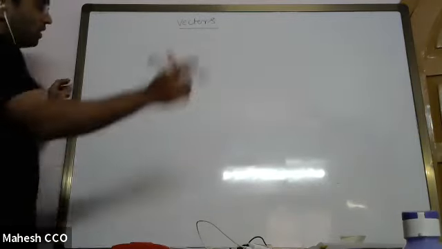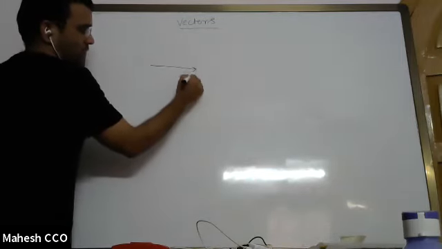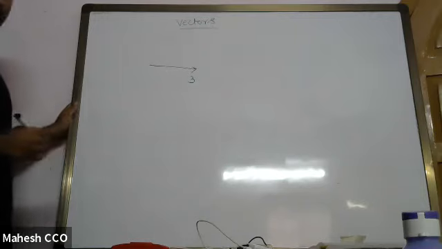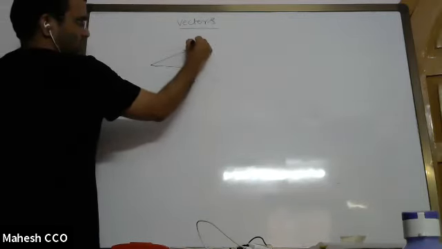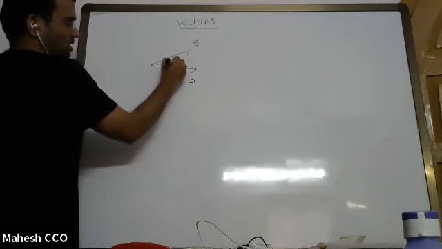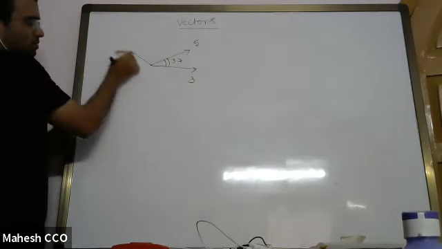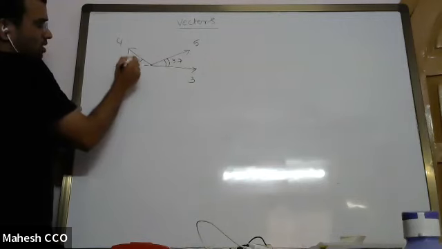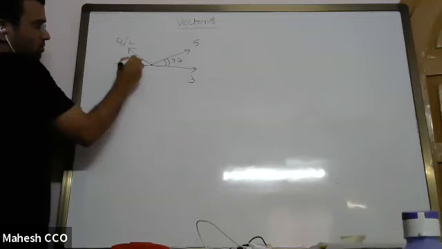Now, for example, if I have a vector which has a magnitude of 3 forward, and I have another vector which has a magnitude of 5 and it makes an angle 37 with this, and I have a third vector which has a magnitude of 4 root 2 and makes an angle 45 here.